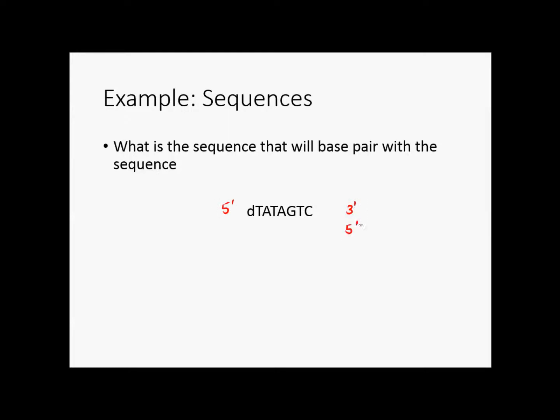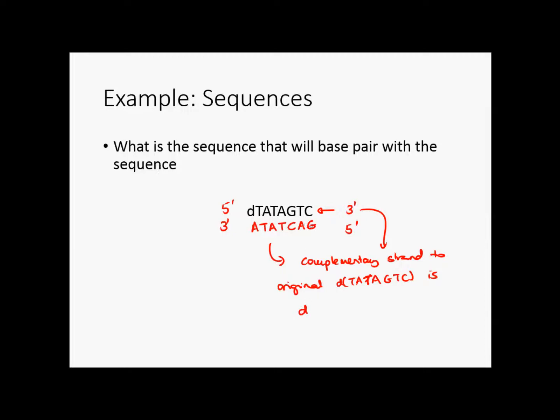So here, my 5 prime end is going to base pair to this, and the 3 prime end is going to be C base pairs with G, T has A, G is C, A is T, A, T, A. So therefore, the complementary strand to the original TATAGTC strand, and I have to look backwards, is GACTATA. Okay.